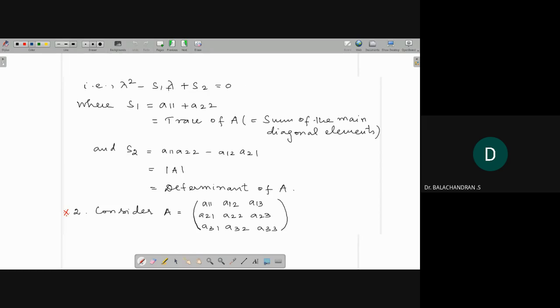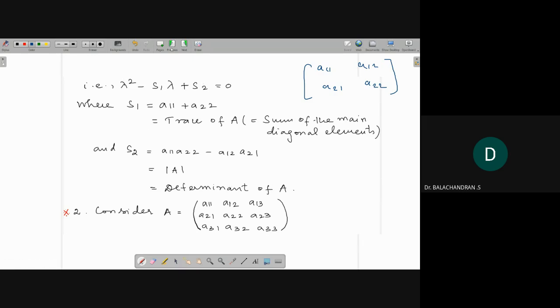What is S1? What is S2? S1 is nothing but A11 plus A22, which is the trace of A, that is the sum of the main diagonal. S2 is A11 A22 minus A12 A21. There is no need to write this directly. S2 is equal to the determinant of A.